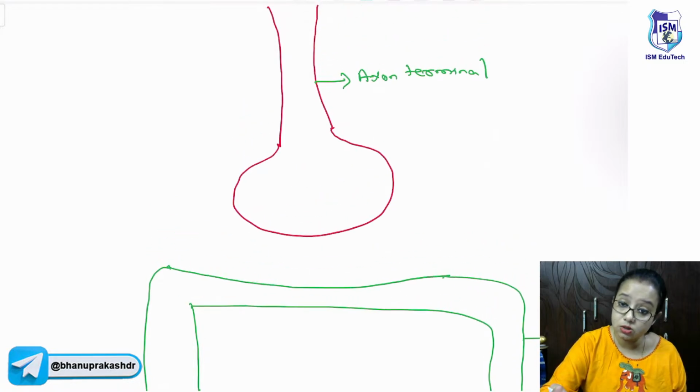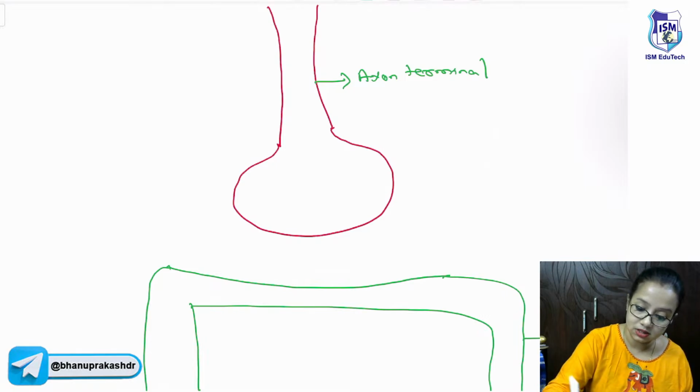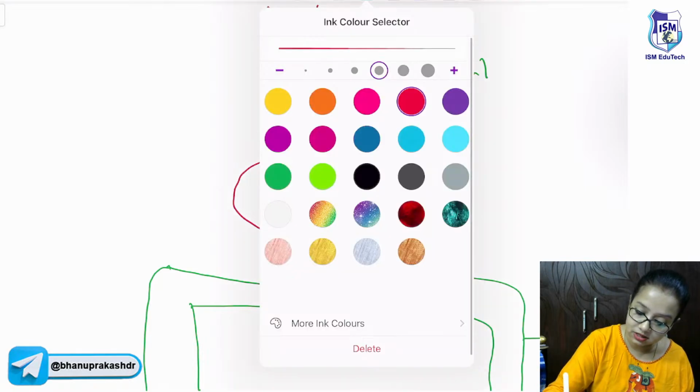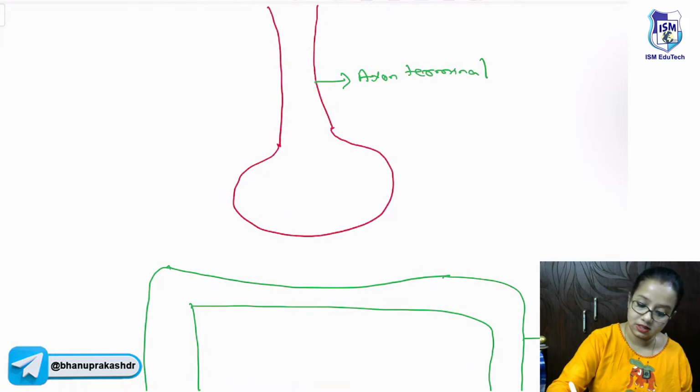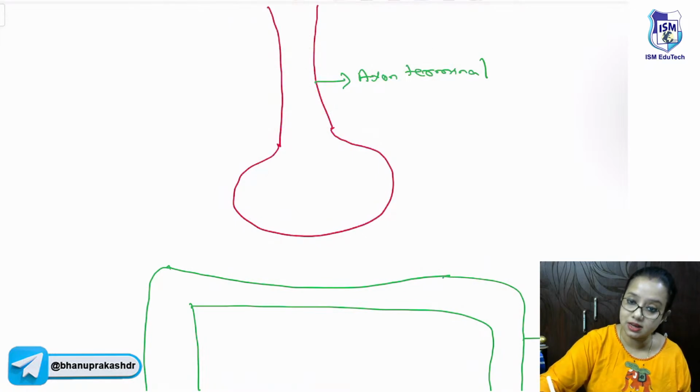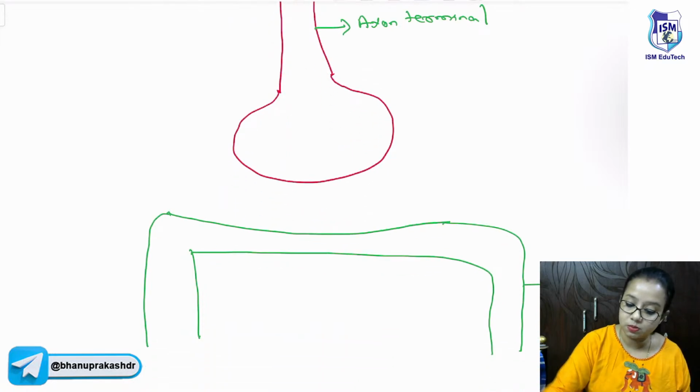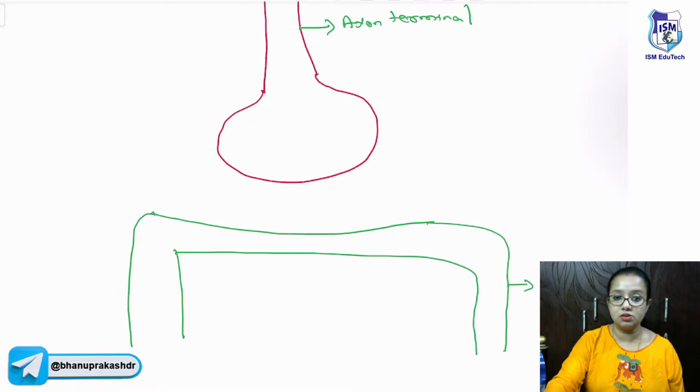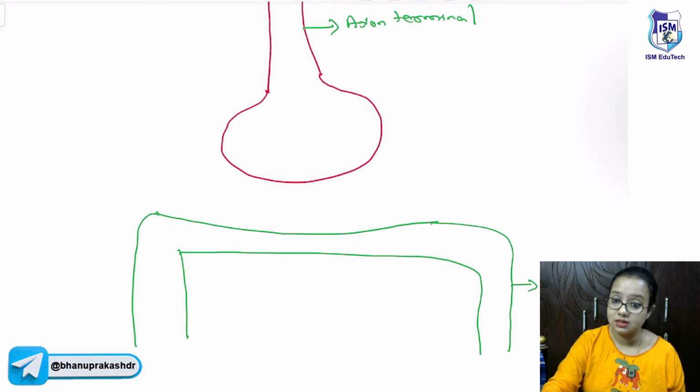So, in a neuromuscular junction, there are three parts. What are the three parts in a neuromuscular junction? The contact point between the muscle fiber and the alpha motor neuron is called the synapse.